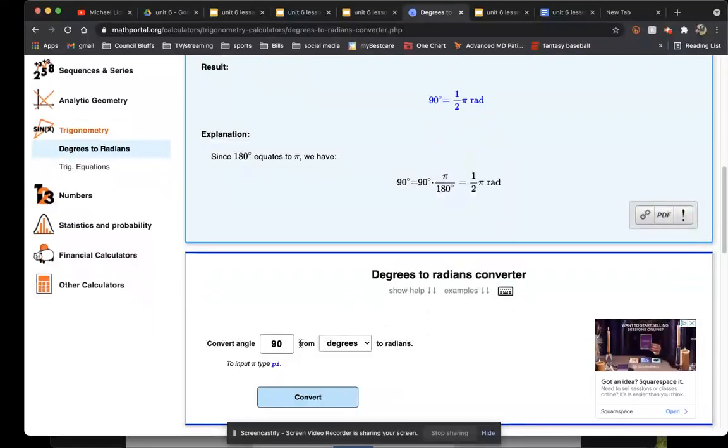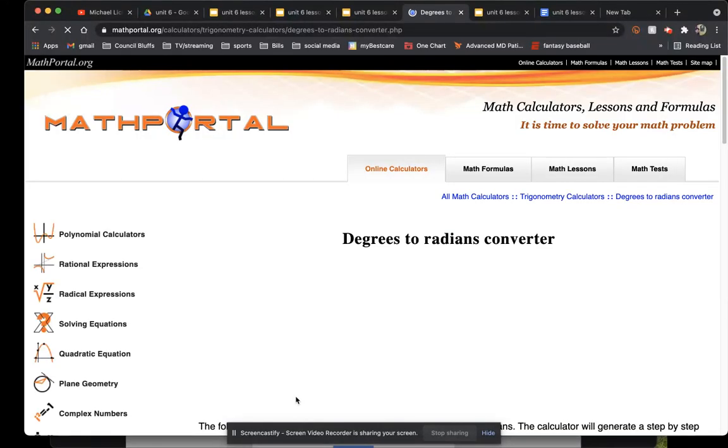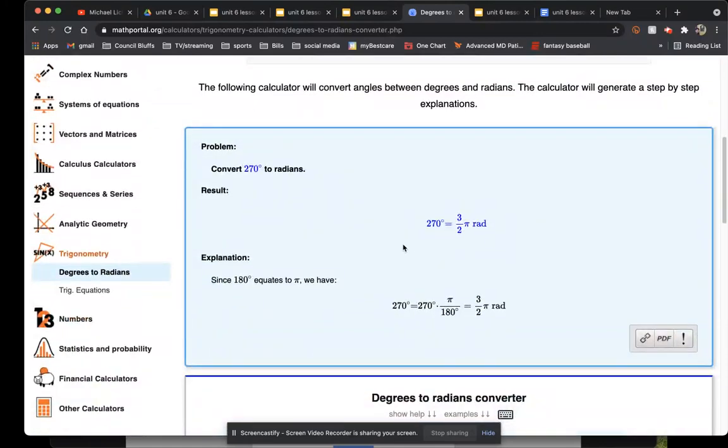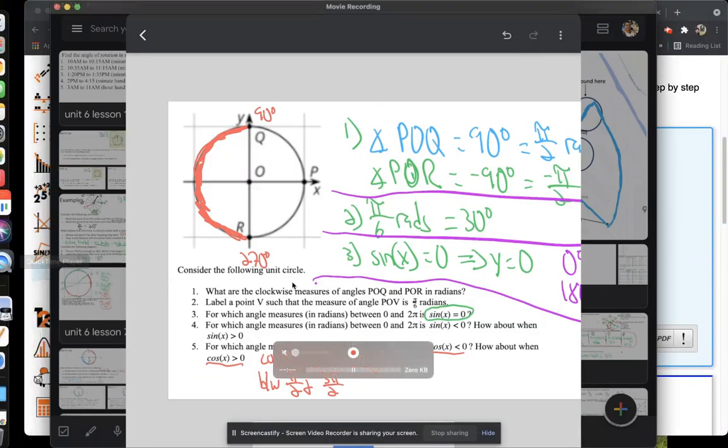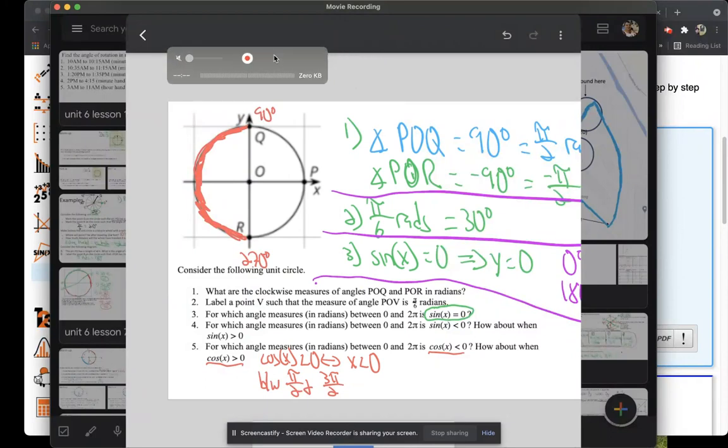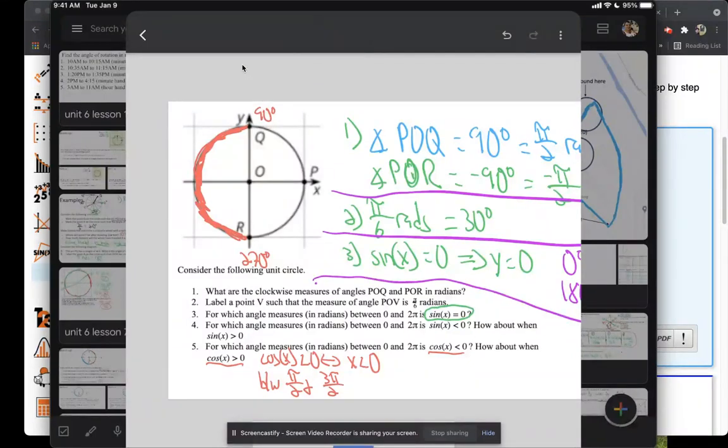And then convert 270 degrees to radians. That would be 3 pi over 2. So to answer the first part of number 5, for which angle measures in radians between 0 and 2 pi is cosine less than 0, that's going to be between pi over 2 and 3 pi over 2.